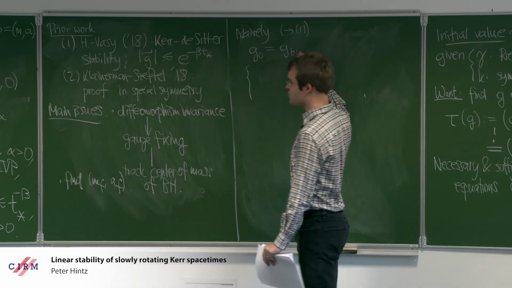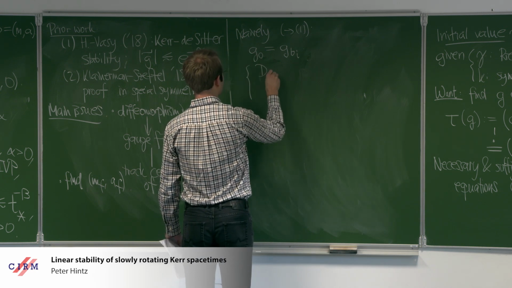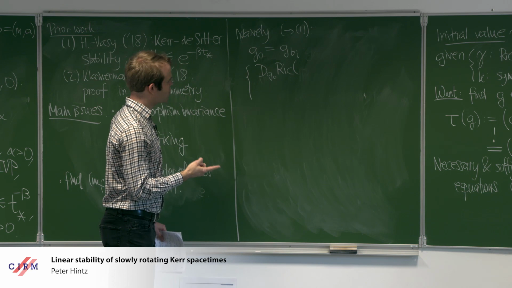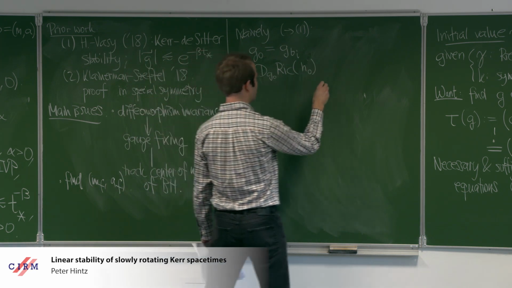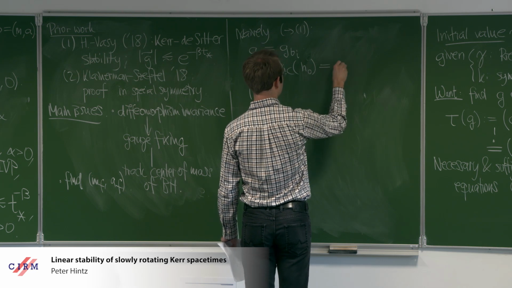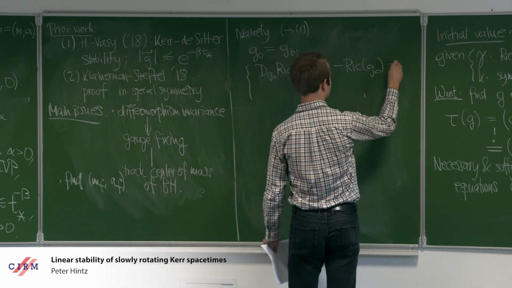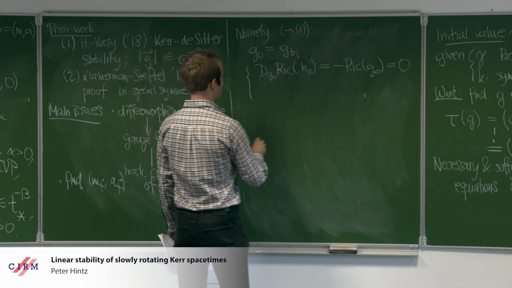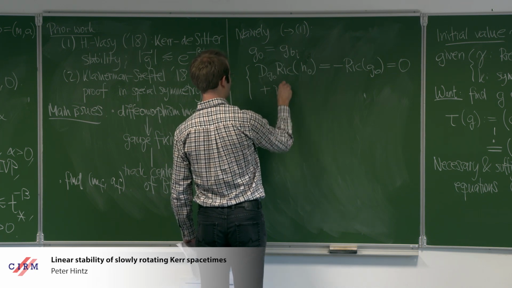So this solves the Einstein equation, but it does not attain the correct initial data. Then you linearize the equation you want to solve around your current guess G0, and you want to find some symmetric 2-tensor H0, which satisfies the equation, whatever error I'm making. At the first step, this is just equal to 0. There's some kind of Newton iteration. And then, of course, you also want to impose initial data on H.